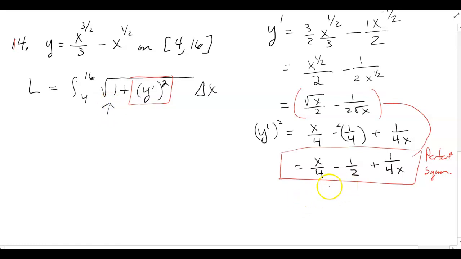What happens when I add 1 to this function? So my y prime squared plus 1. Well, I'm going to add the 1 to the negative 1/2. Doesn't that give me positive 1/2? This is where you have to get creative, I guess, or really think about it.